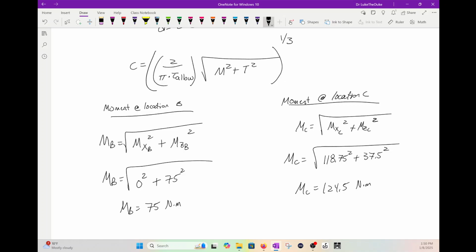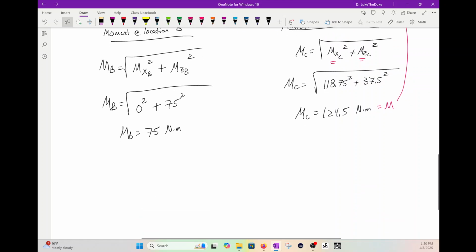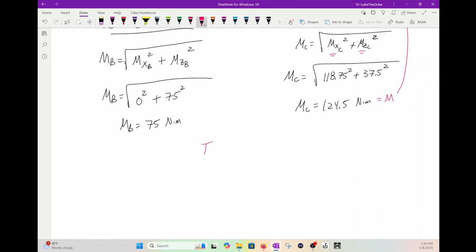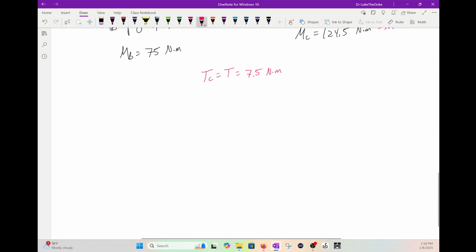So these are the moments in both of those diagrams at each location, because this is going to be M now in this equation. Wherever this M applies, it's at C. The torque at C is what you use, which was 7.5. So you're going to use that torque at that location. So now we can plug everything in.